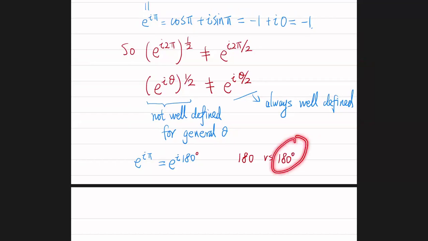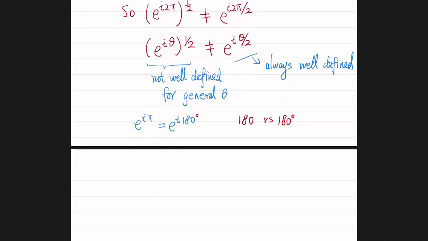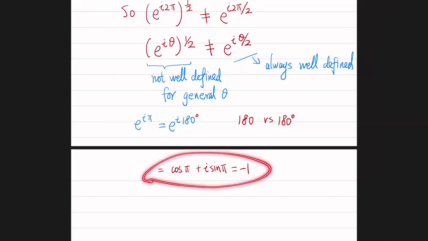This is a degree, but this is a number, or sometimes radians. If you forget the degree, it means something different. So cosine π is -1. Eric, is this your question? No? Okay, what's your question, Eric? Nothing. Okay.